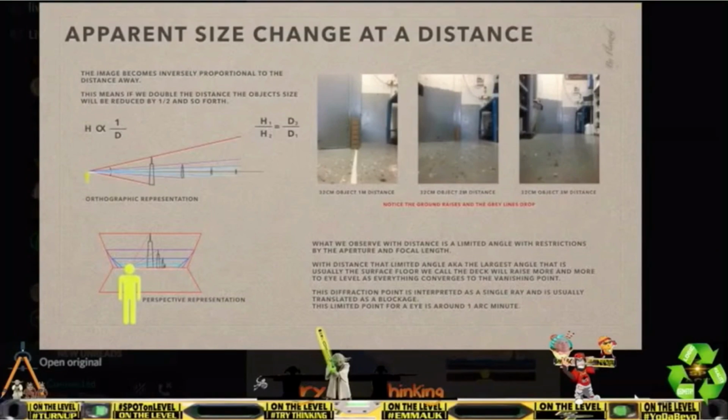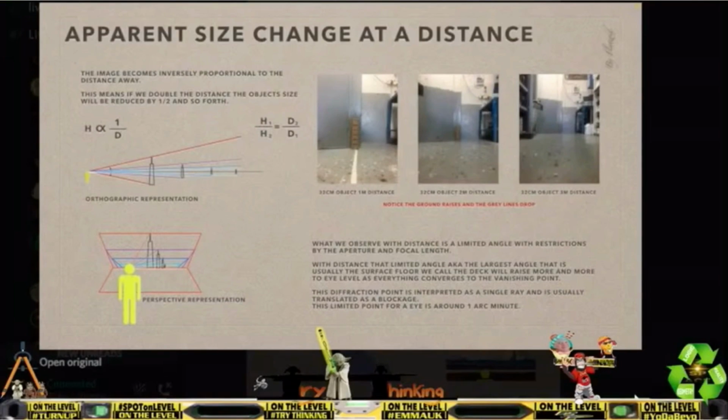And then I've put the orthographic representation there, showing with each meter how it changes angular size, and the perspective representation, if you stand in front of it, how it's looking to go down into the distance. So this is a 32 centimeter roll, and the first picture on the left is me standing a meter away.